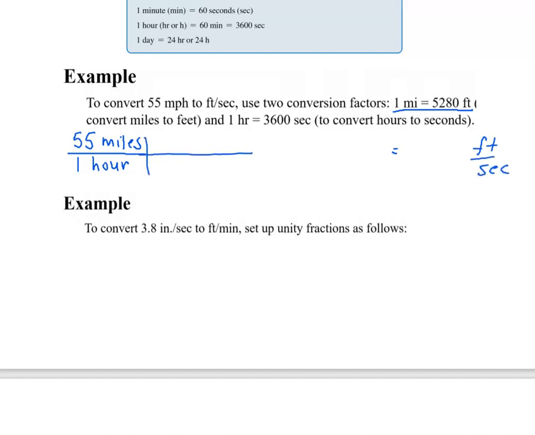So I know I need my miles to cancel out, and I've got this statement that in 1 mile there is 5,280 feet. It's going to get my miles to cancel out. Then I want my hour to turn into seconds, and it says that in 1 hour there is 3,600 seconds. So then it's going to make my hours cancel out.